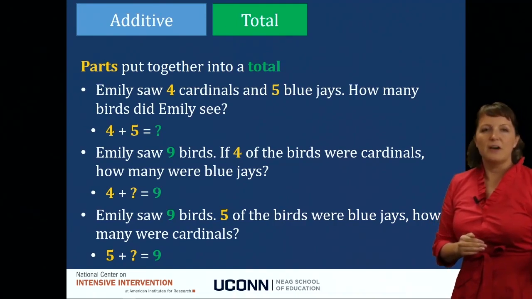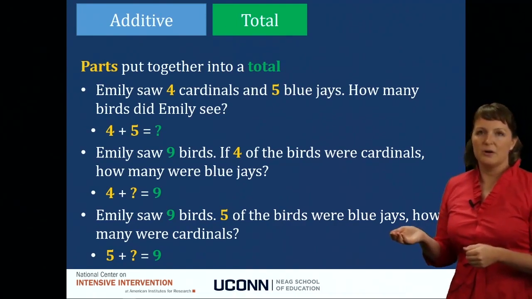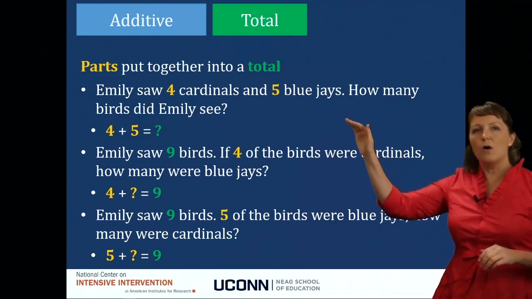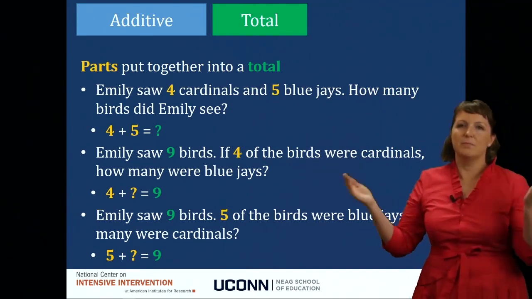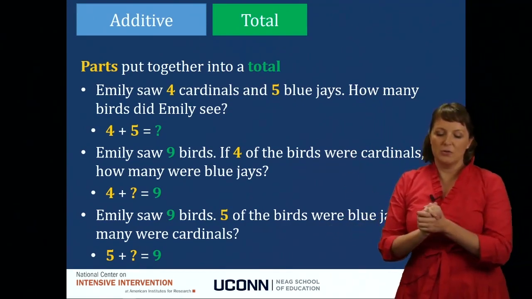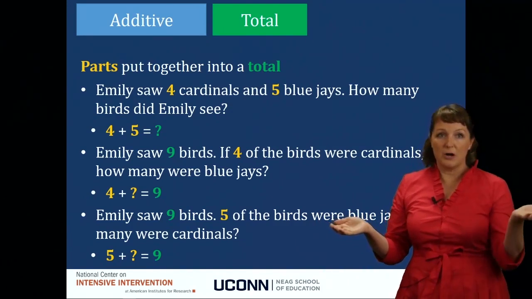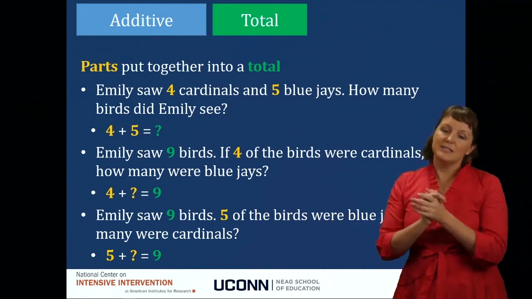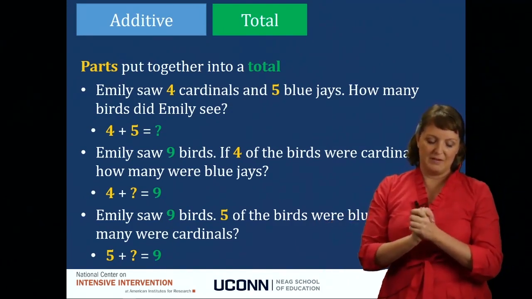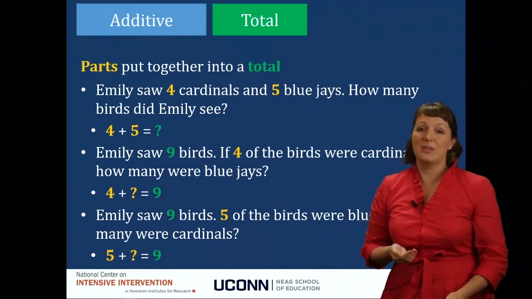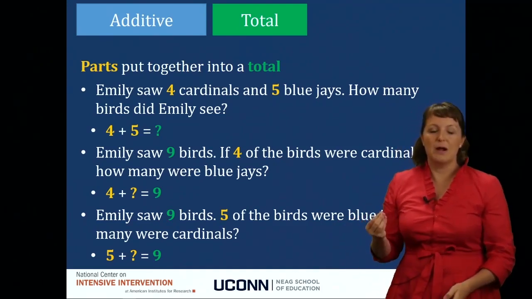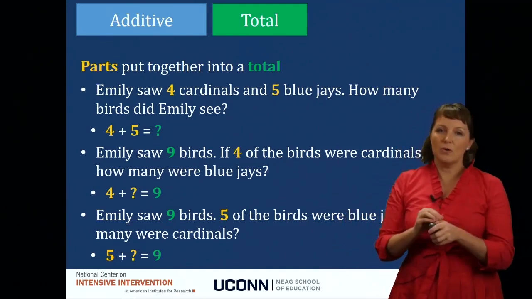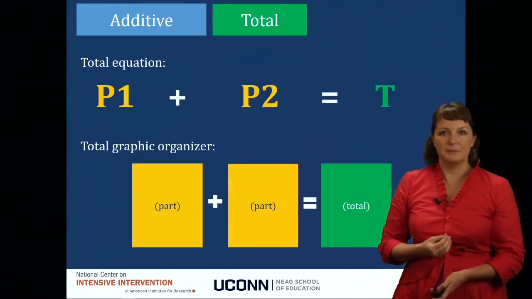We know that 5 of those are blue jays. How many were cardinals? These are all total problems because we have parts put together for a total. Sometimes one of the parts might be the missing information, and sometimes the total might be the missing information. It doesn't matter where that missing information is. If the problem is about parts and a total, it is a total problem.